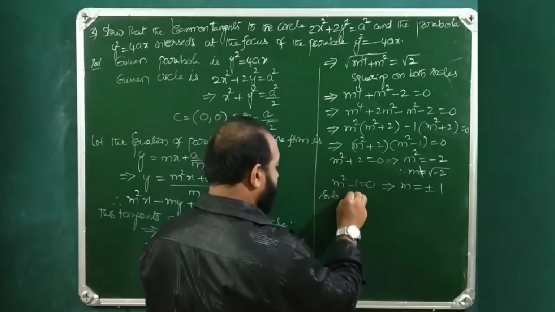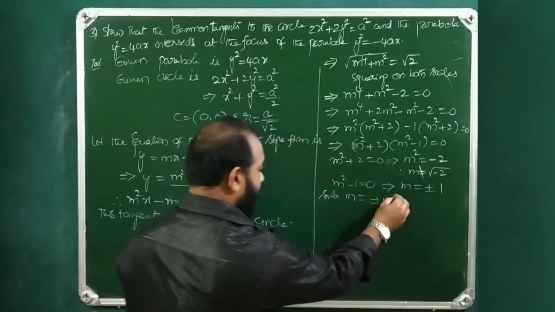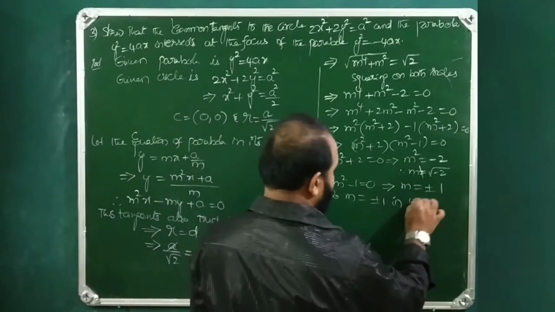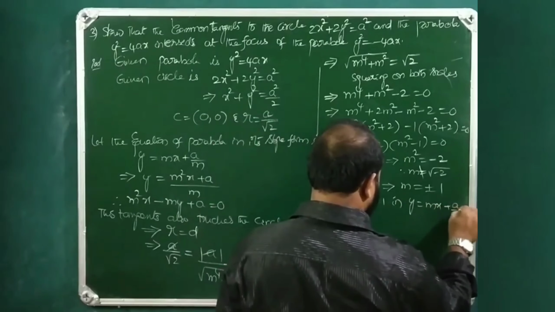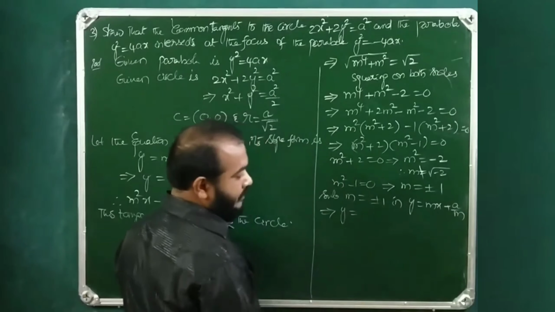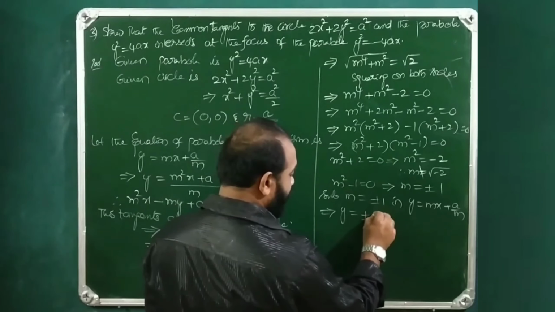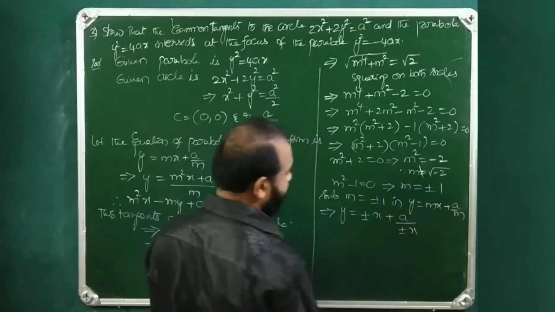Substituting m equals plus or minus 1 in this equation, y is equal to mx plus a by m. That is y is equal to plus or minus x plus a by plus or minus 1.